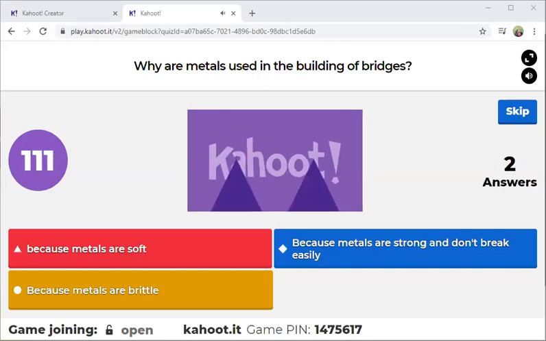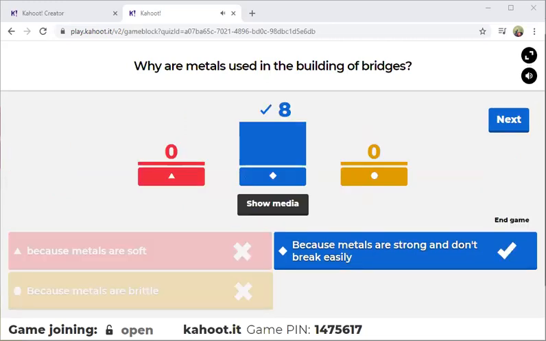Is it because metals are soft? Or is it because metals are strong and don't break easily? Or is it because metals are brittle?